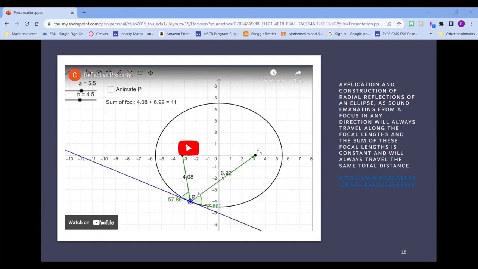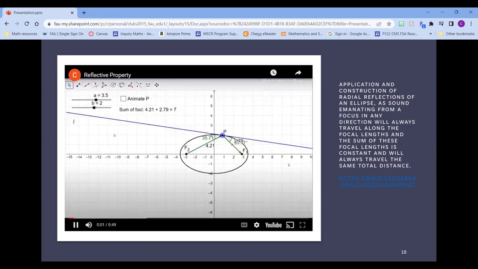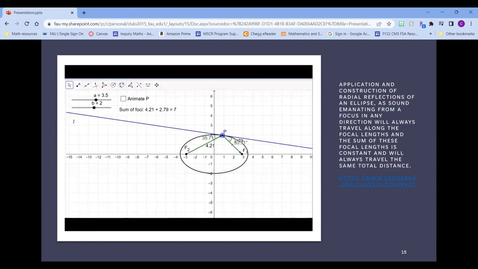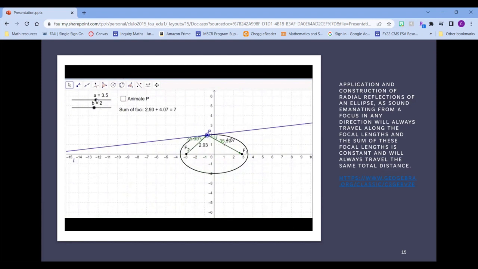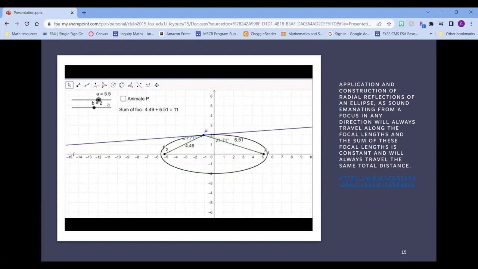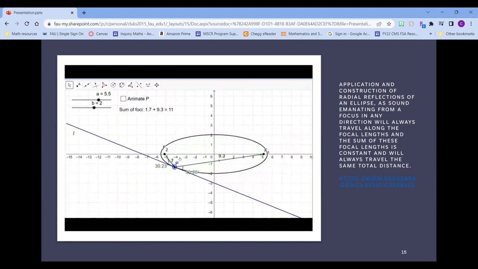So as Clarence was saying, you can have the sum of both foci to that point P on the ellipse in any ellipse. Doesn't matter if A is changed or B is changed, and the sum will always be the same.